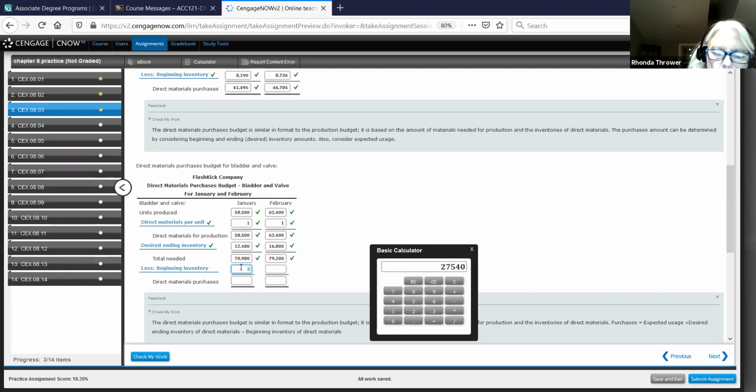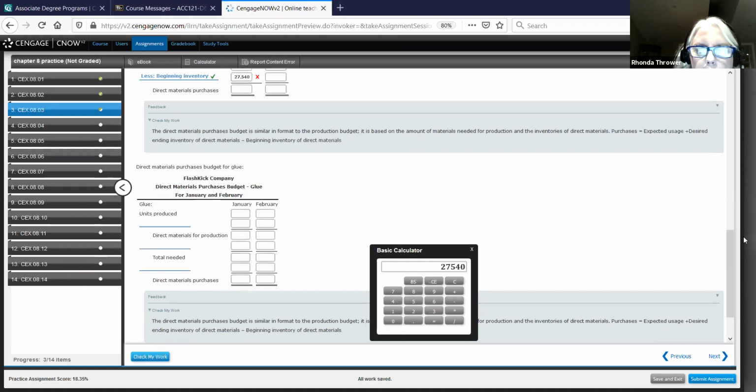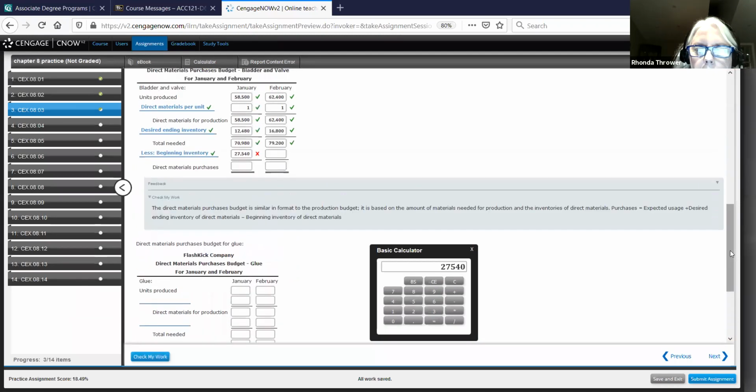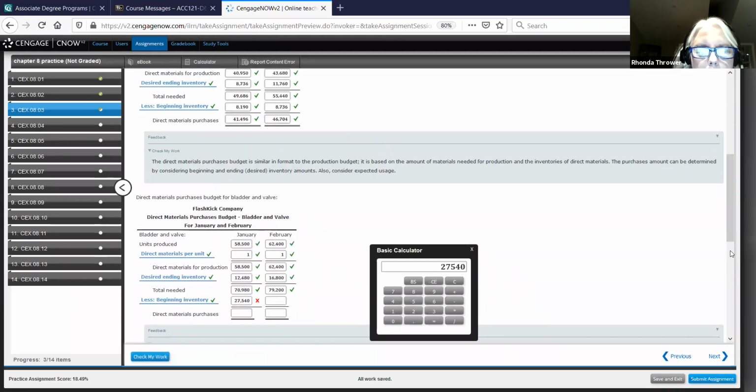So 27,540 goes here. This is the ending inventory calculation, which is based on next month's production, which would be January. So the ending inventory for December is based on 58,500 times 20%. The ending inventory for December becomes the beginning inventory for January.